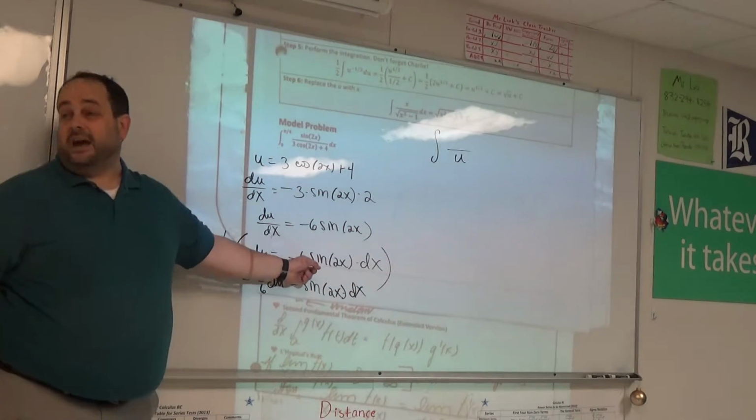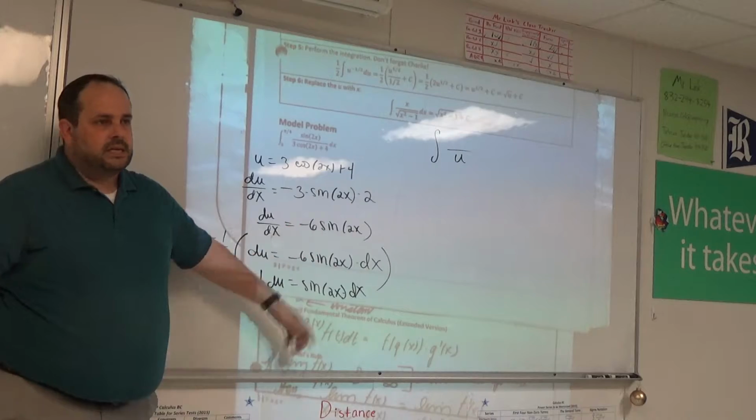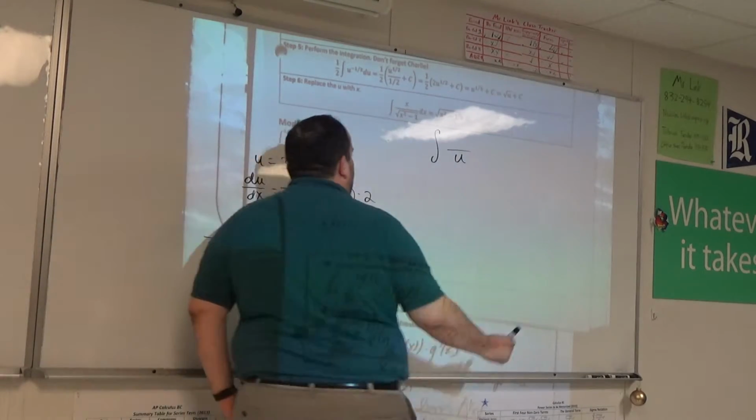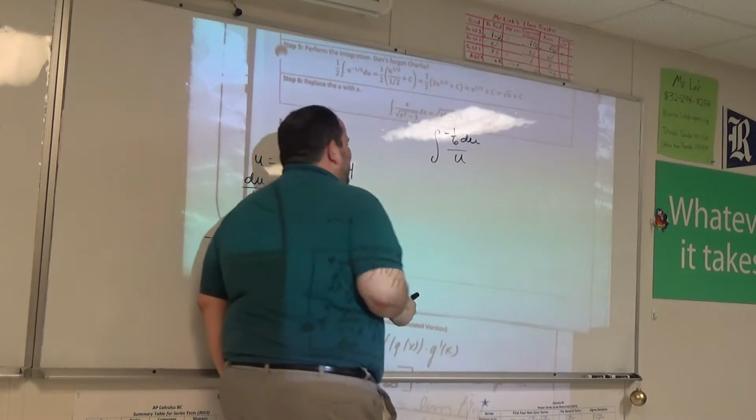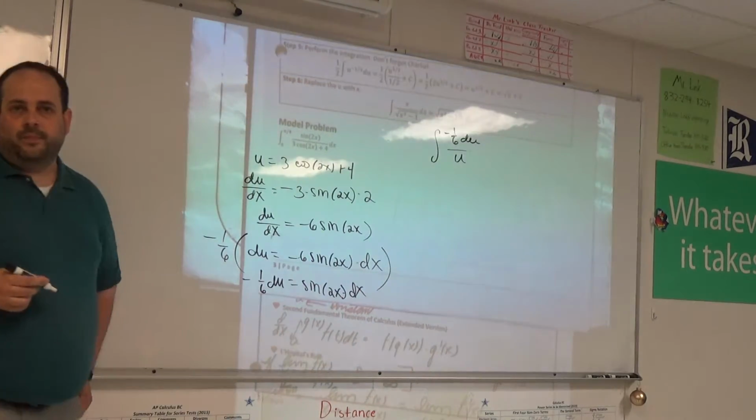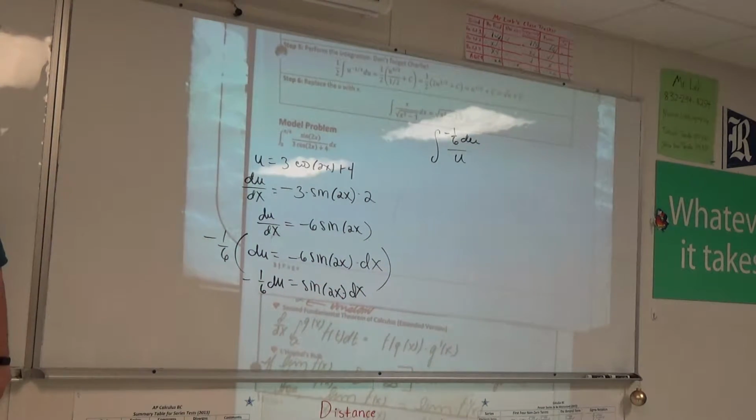Other folks say I'm going to divide both sides by negative 6. Same thing, no big deal. Either way, you're going to rewrite the integral that way, which is now much easier to work with, much more likely that you can just attack, but we're not done with the substitution yet.